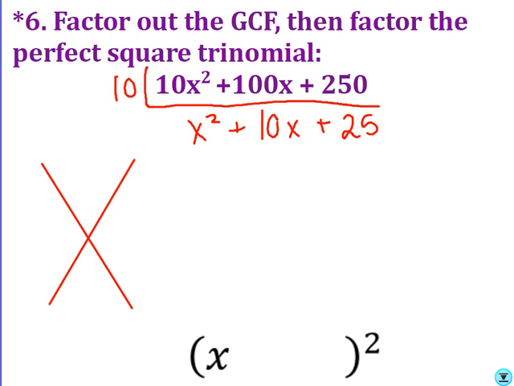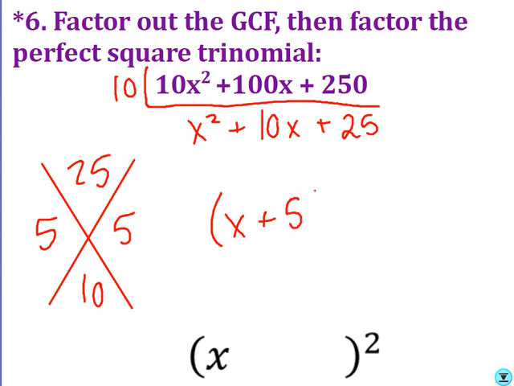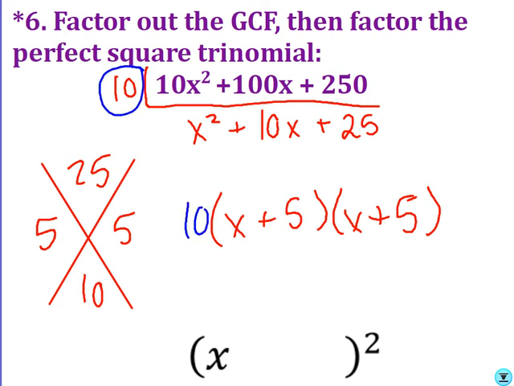X method, I need two numbers that multiply to give me 25 and add to give me 10. 5 and 5. So we have x plus 5, x plus 5. Now don't forget our GCF out in front. That guy is still there.